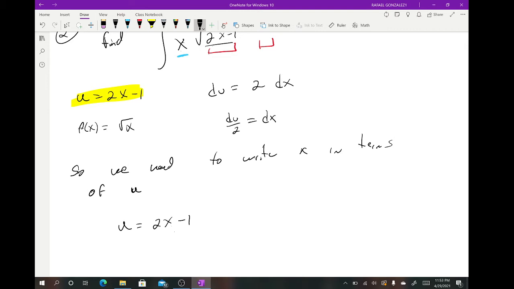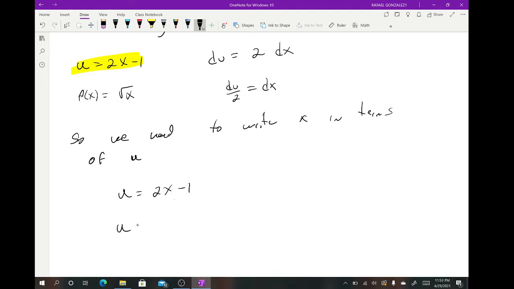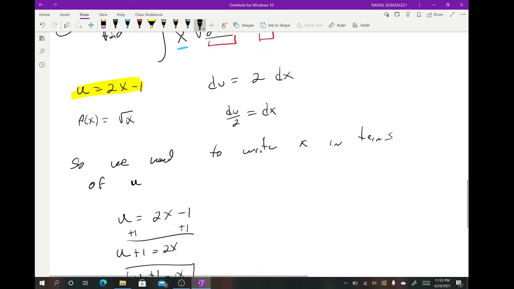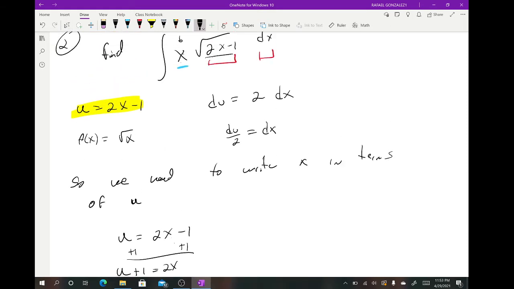So if we solve for x, we're going to have rewritten x in terms of u. What do I mean by that? Well, I mean the following. Here you could add 1 on both sides, and you'll get u plus 1 is equal to 2x. And if you divide by 2 on both sides, you get that u plus 1 over 2 is equal to x.